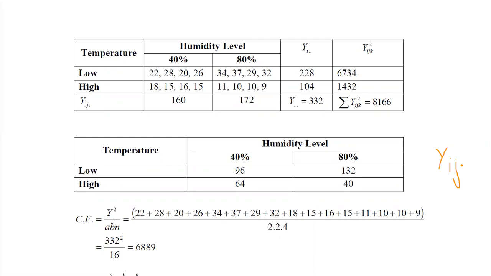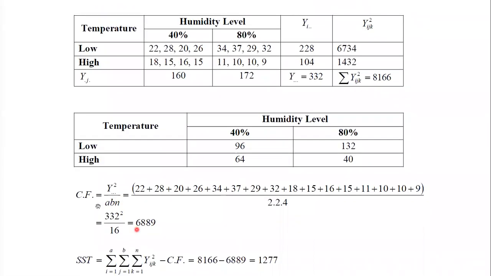Since I have all the totals, now I can use this equation to first obtain the correction factor. To obtain it, I take the grand total squared divided by a times b times n. It means 332 squared divided by 16.